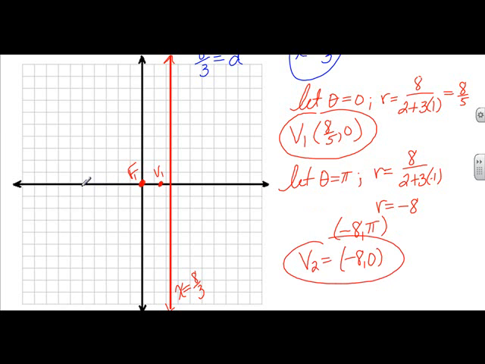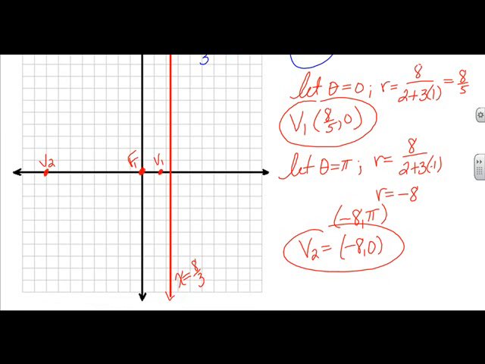Okay, the distance between the two vertices would be 8 plus 8/5. Ooh, I did that wrong. I'm sorry. Back up. I knew something seemed strange. That's wrong.